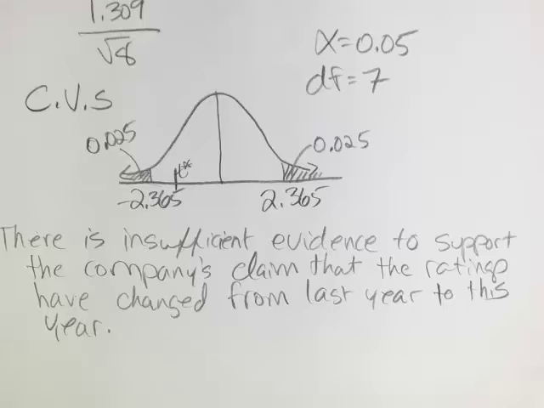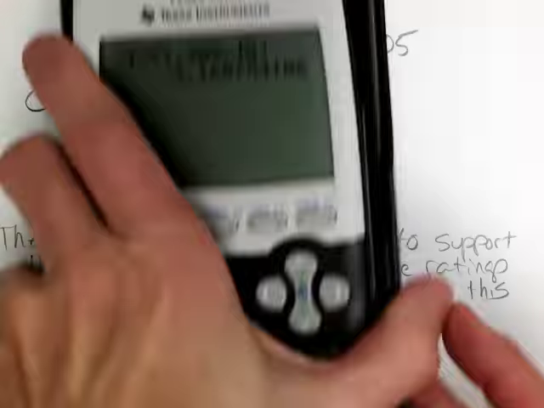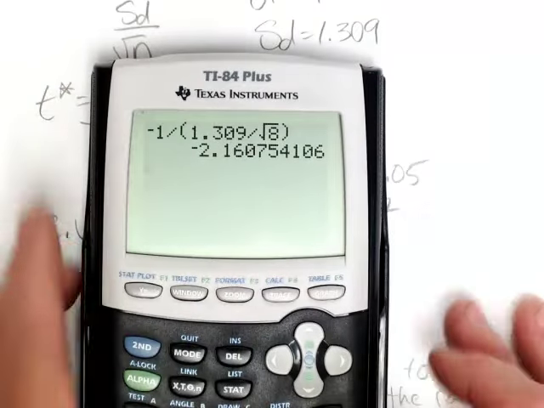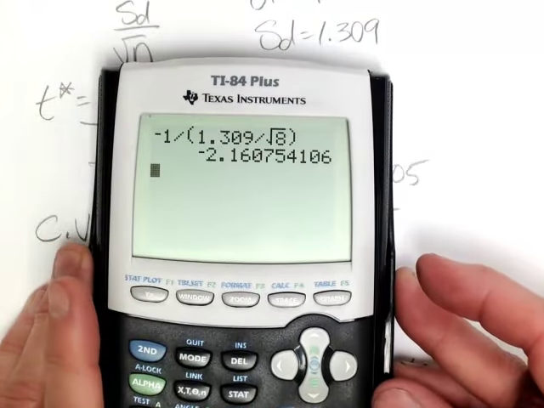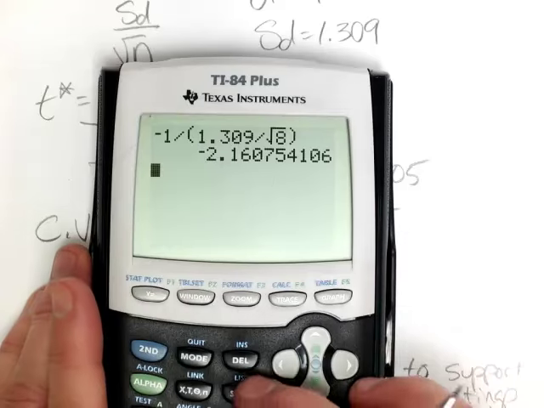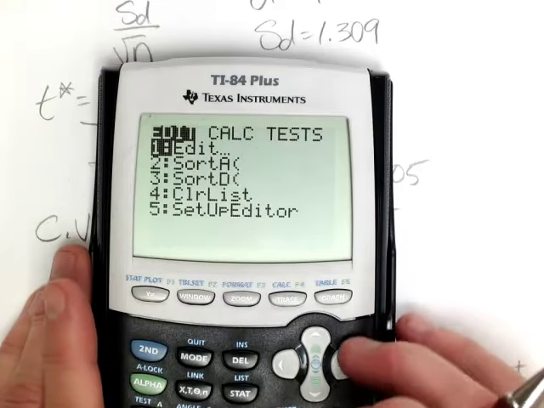Now there's a quicker way to get the standardized test statistic that I went over in this last example. Because this reduces to a single t-test by subtraction, I could go ahead and do a t-test on that list 3.